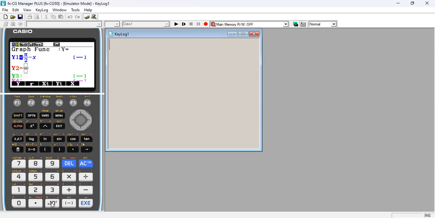Then 2, then plus, then x. Okay, draw. So the red one: if y equals pi by 2 plus x, then you can see the red line. See the nature of the red line, then I think it will be easy for us to determine the slope field.